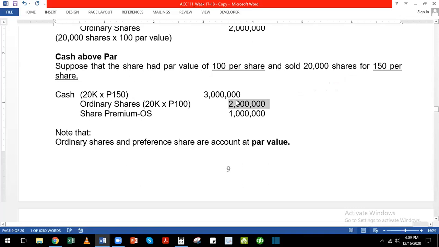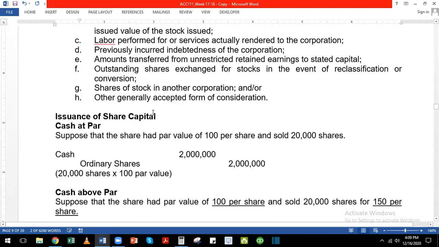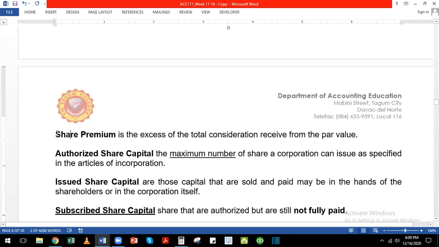Now, sir, saan man ang sobra, ang excess? So, ang sobra, guys, dili gain. Okay? But ang term niya is share premium ordinary shares. Kasi by definition, share premium is the excess of total consideration received over par value.